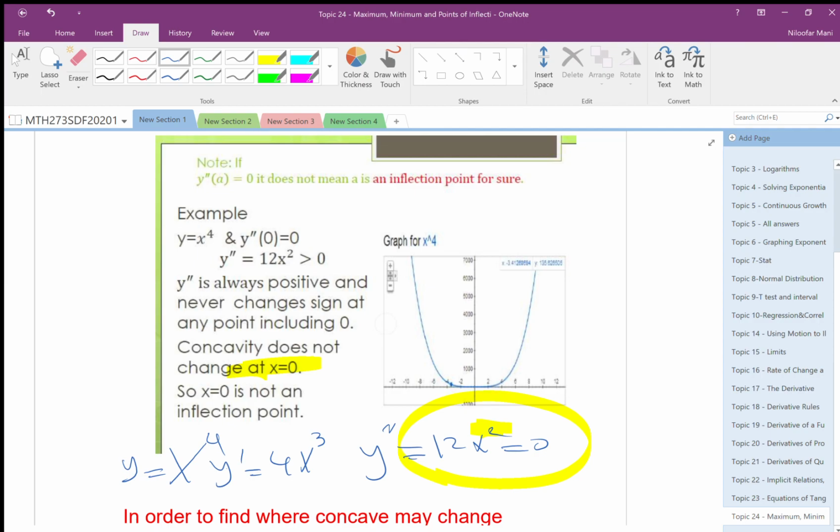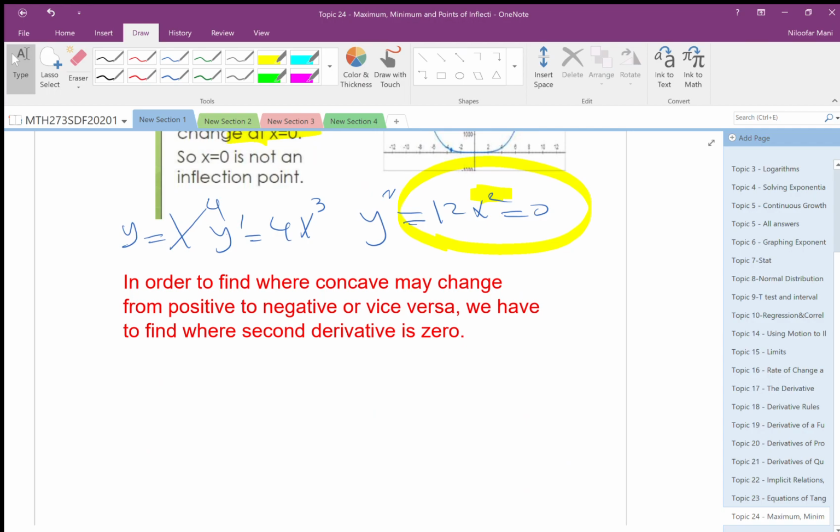The second derivative must be 0, and then you have to check if concavity changes from up to down or down to up. How? If the second derivative changes from negative to positive or positive to negative. To find where concavity may change, you have to see where the second derivative equals 0.